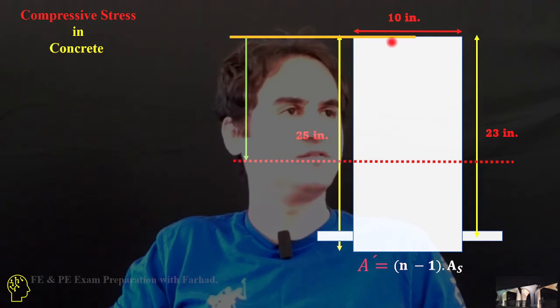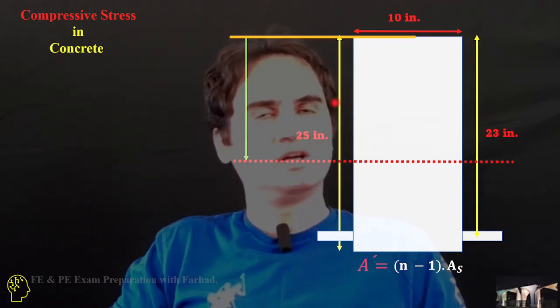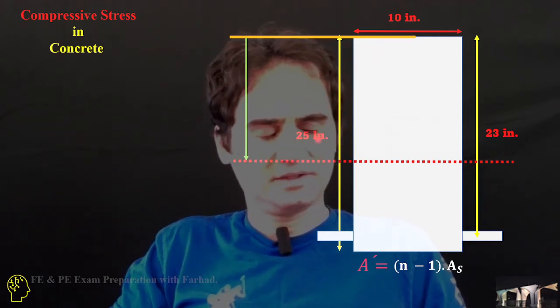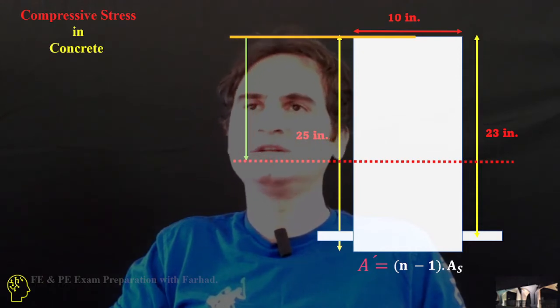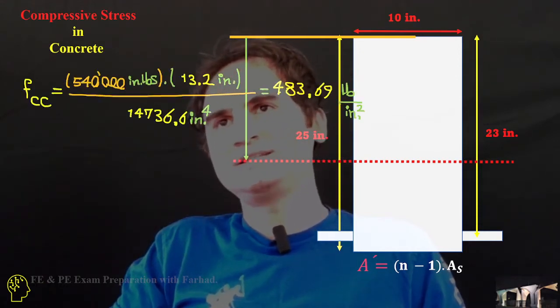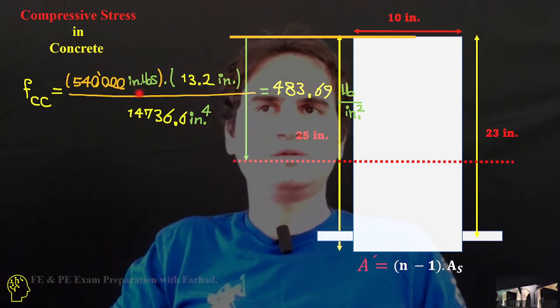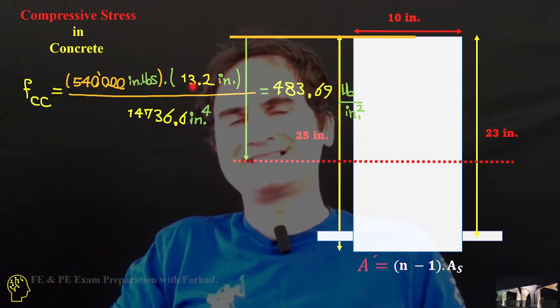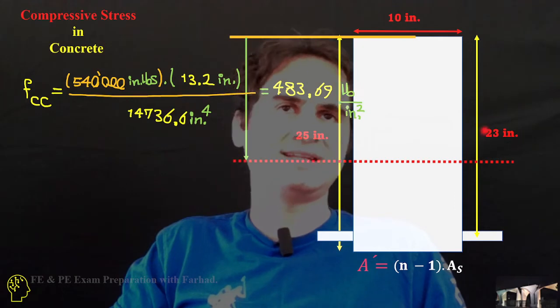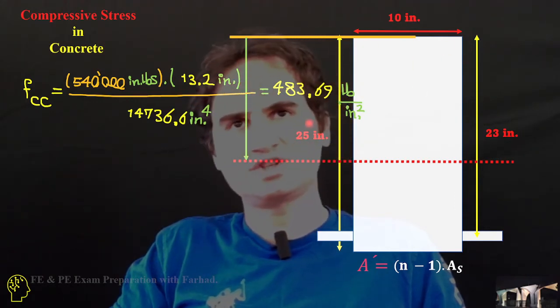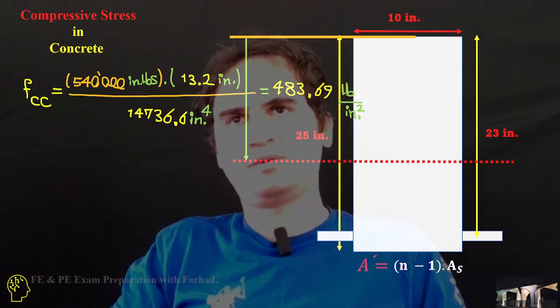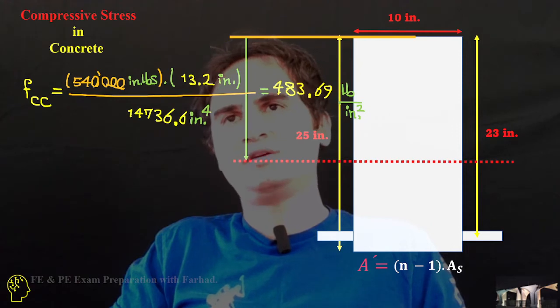That's definitely the top of the section, which is the compressive part, and that's FCC. That's M in inch-pounds, times c, the distance of the centroid from the top of the section, over the moment of inertia in inch to the fourth.